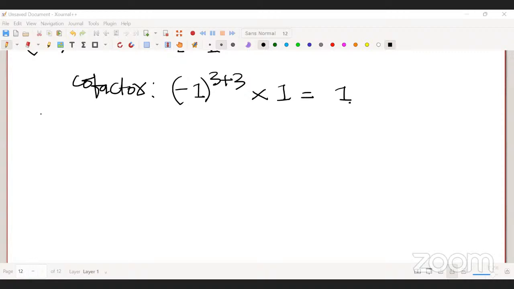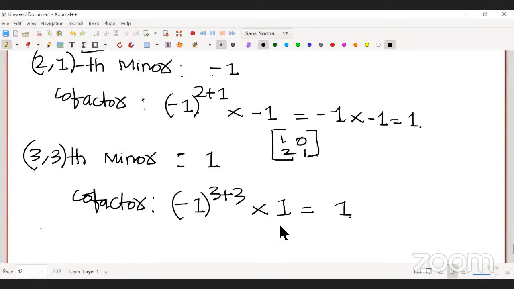Correct. If they have the same slope, then basically they are parallel, right? So that means they will never intersect. If they are not parallel, that means they have different slopes, then certainly they will intersect, right?